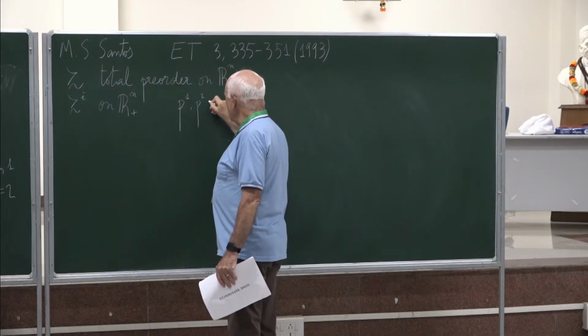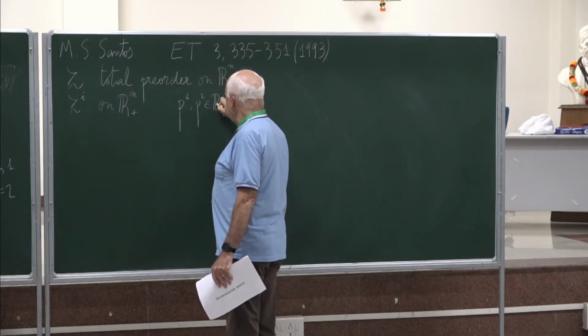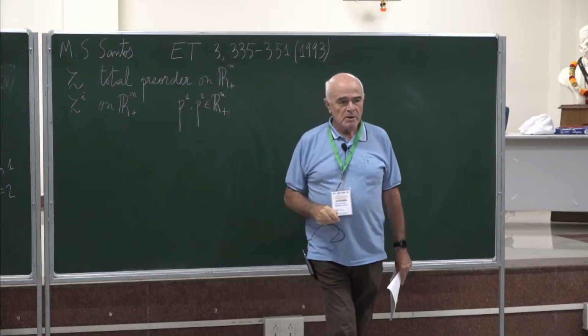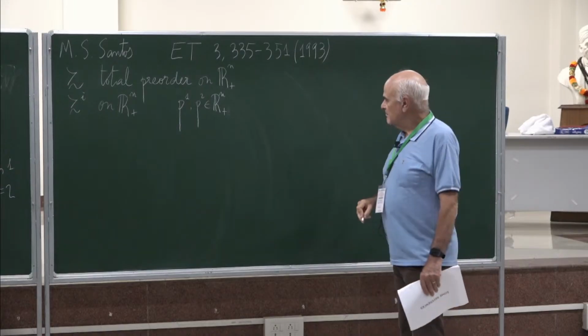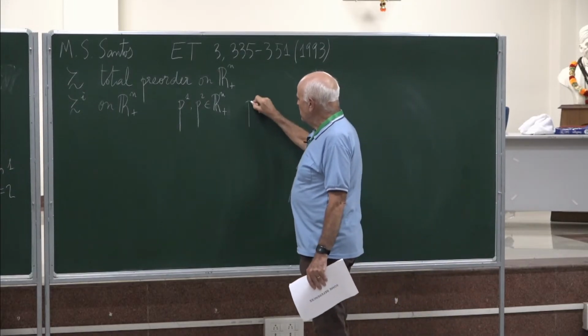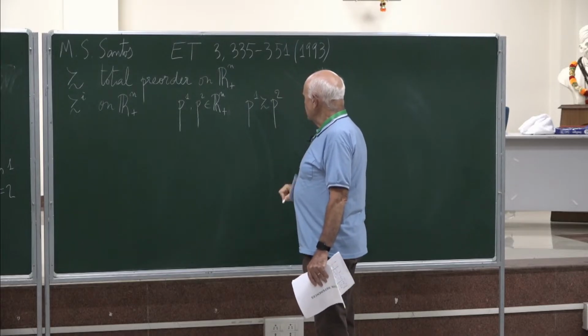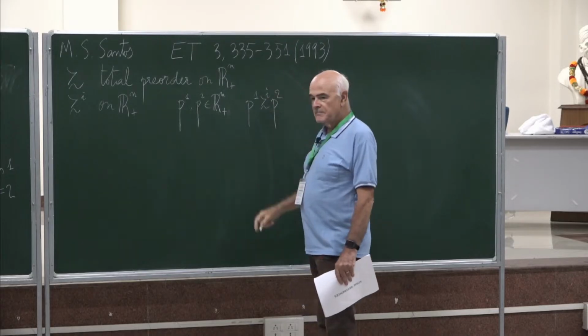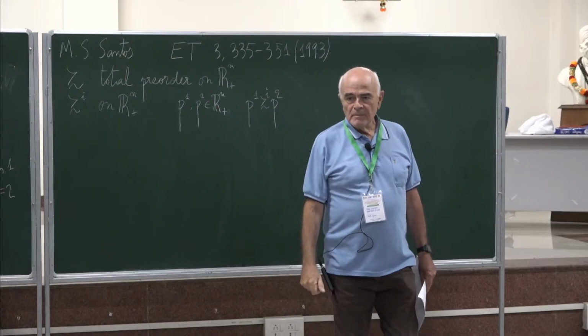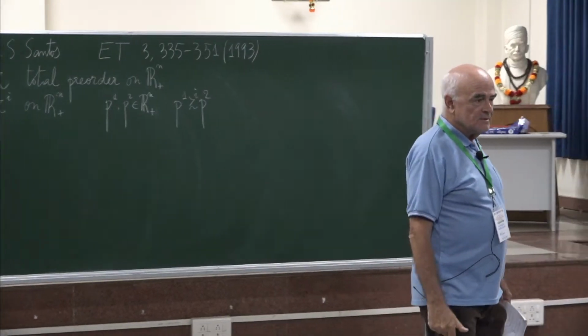Given two price vectors, P1 and P2. Okay, when would you say that P1 is preferred to P2?